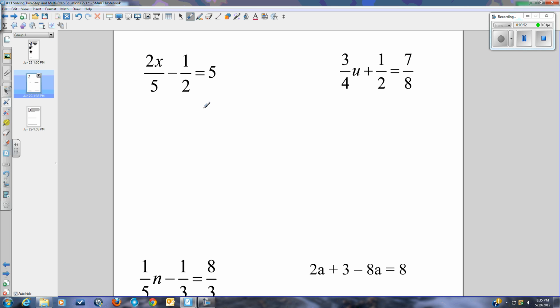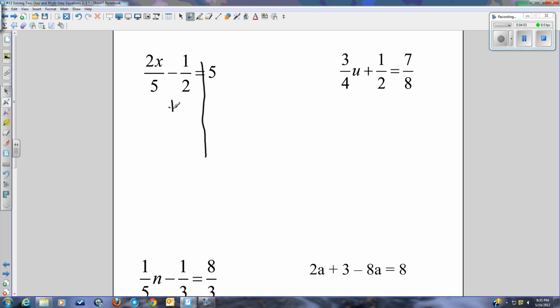We have 2x over 5 minus 1/2 equals 5. So we want to get x alone, do any addition and subtraction first. We're going to start by adding 1/2 to each side. The 1/2's cancel.